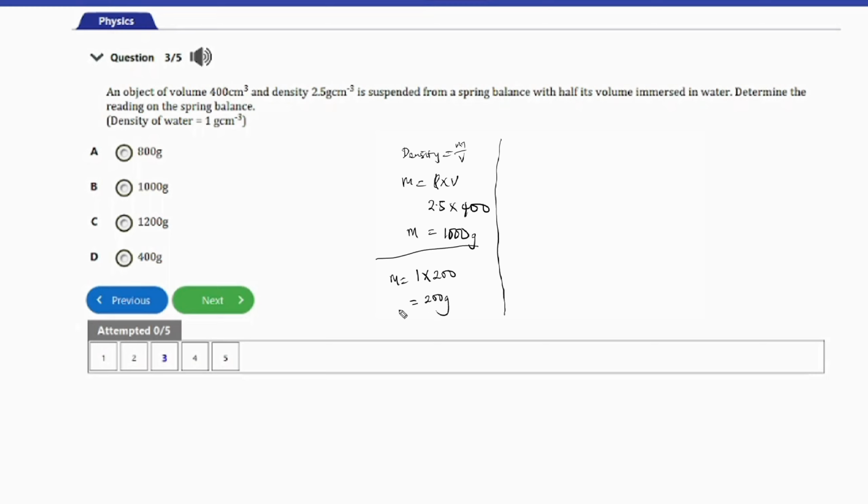So if we do 1000 grams minus 200 grams, we are going to have 800 grams.